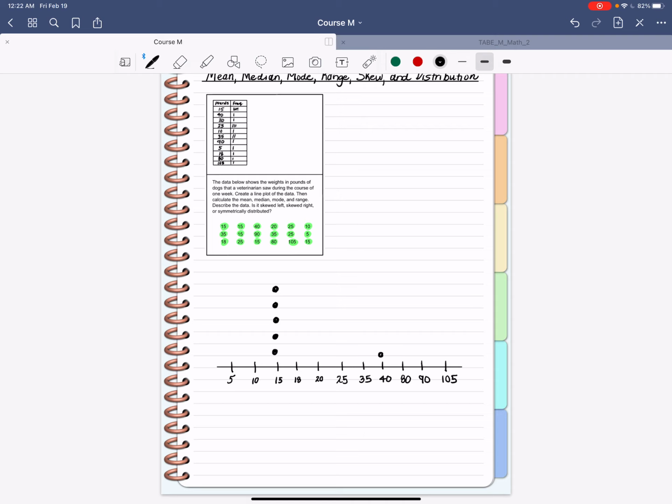I had a 1 for the 40, a 1 for the 20, 3 on the 25, a 10 had 1, 35 had 2, 90 had 1, 5 had 1, 18 had 1, 80 had 1, and 105 had 1.